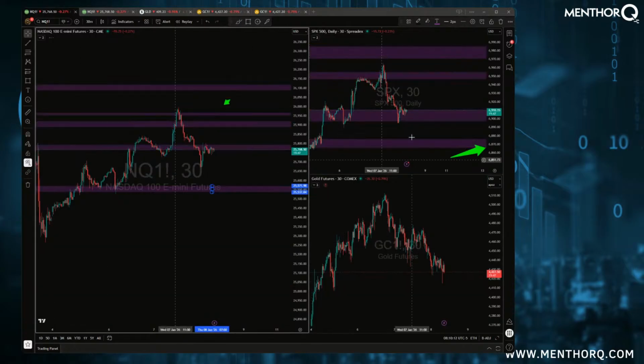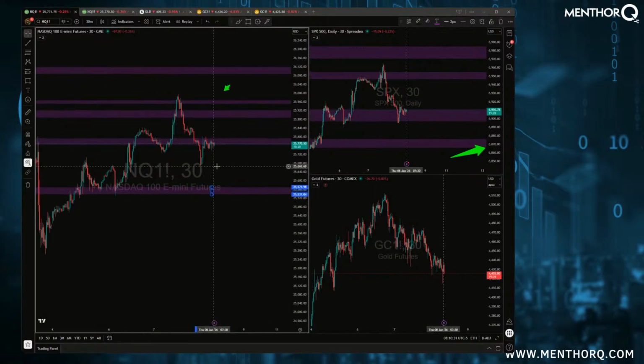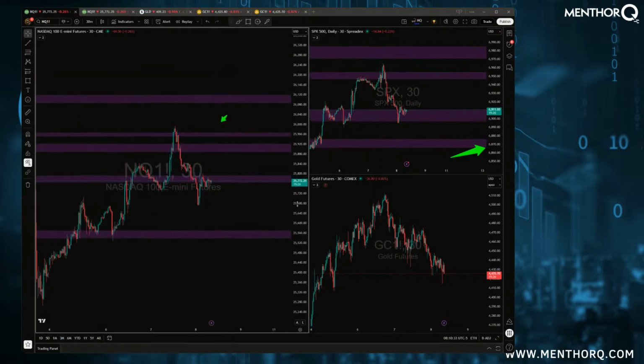Basically, this is the hidden box and our one-day min that SPX is showing us for NQ. I would not be surprised if we stop here at the one-day min, because on SPX there's our box also. So connect the dots, have everything side by side, and then build your trading roadmap, your trading plan.